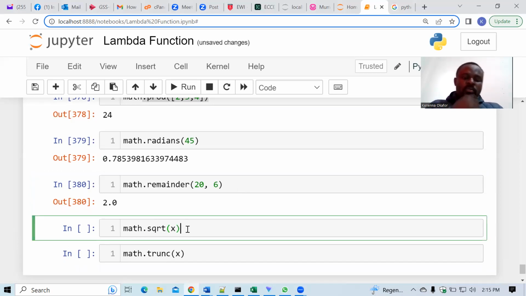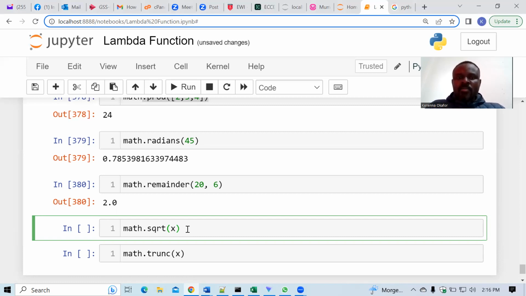Okay, now the square root. You remember we looked at the isqrt, the integer square root, and I said that it's the floored or rounded down value of the square root, which ought to have been the answer, right? But using isqrt rounds it down. The sqrt method gives you the floating point value of the square root of that number.